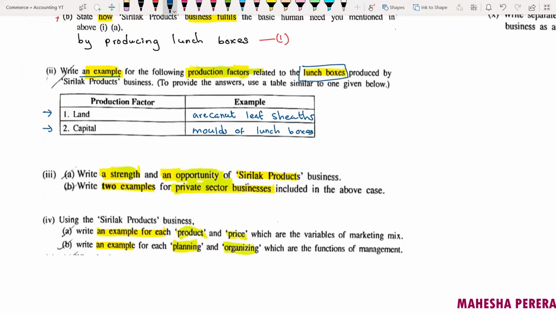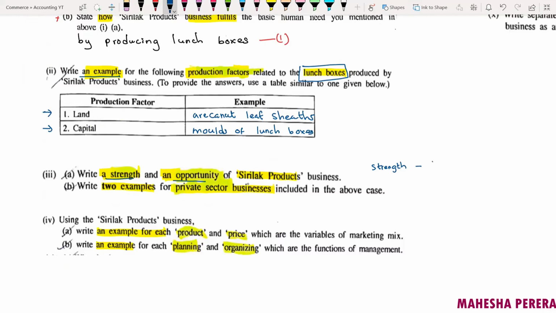Right, next question is write a strength and an opportunity. So when you write the answer for this question, you have to put headings, right? You have to say strength, dash, and then you have to write your strength.